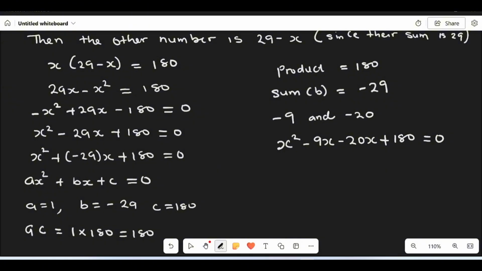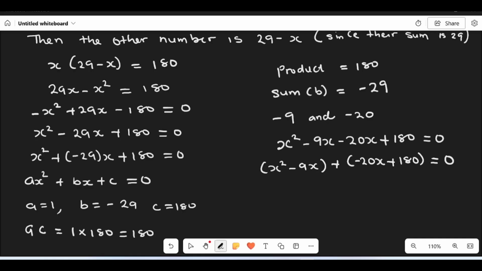Group the terms in pairs: x squared minus 9x, plus (minus 20x plus 180), equal to 0.